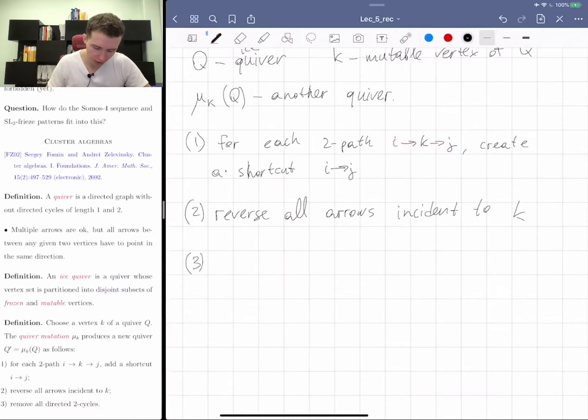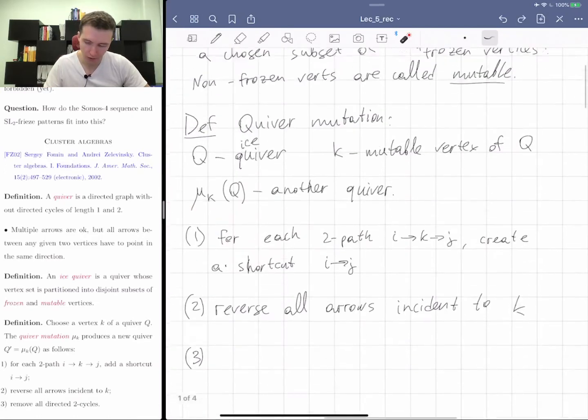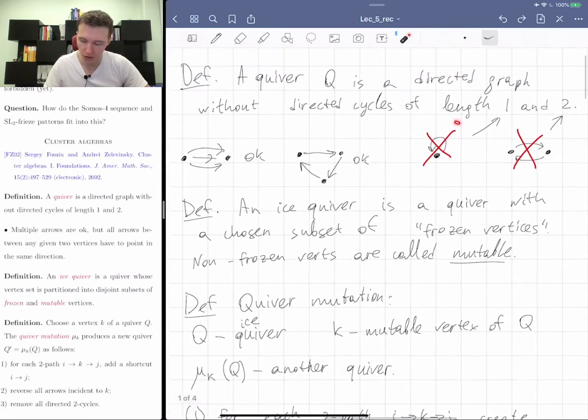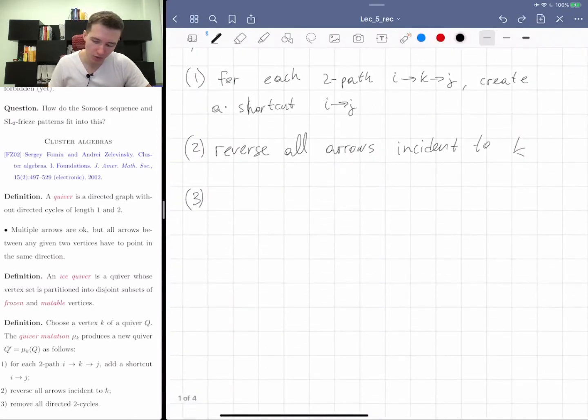And finally, the last step is you get some other oriented graph after the first two steps, but this oriented graph may not be a quiver. It is easy to check that you're not going to get any cycles of length 1, but you may very easily get a directed cycle of length 2. So we're going to avoid that by canceling all these opposite arrows.